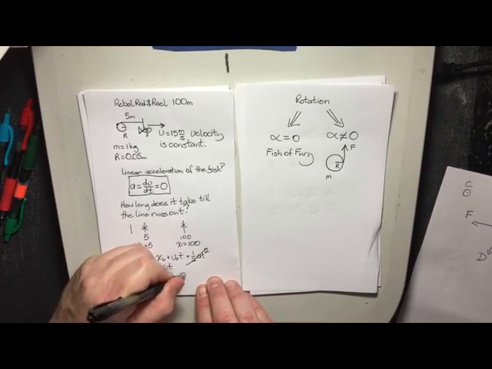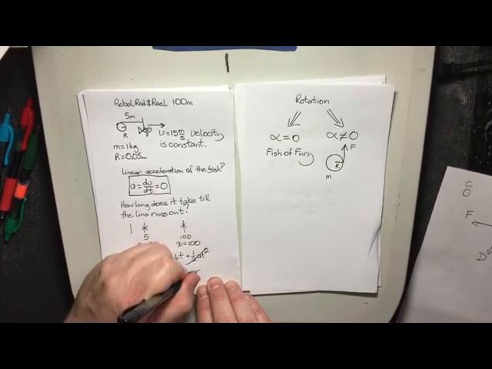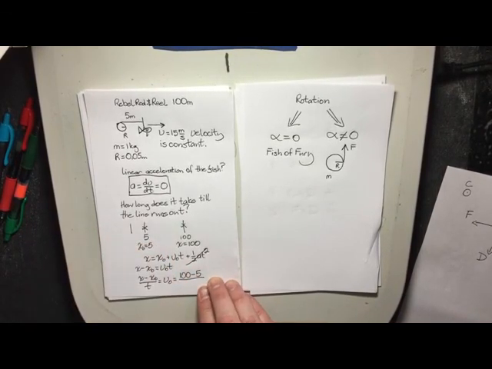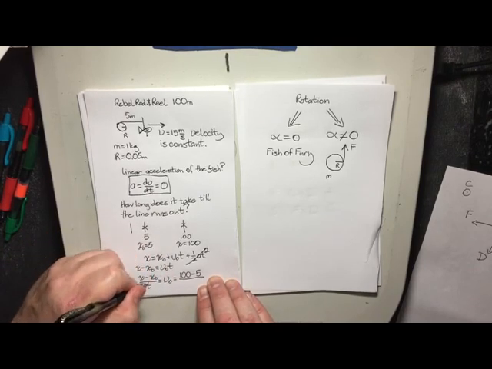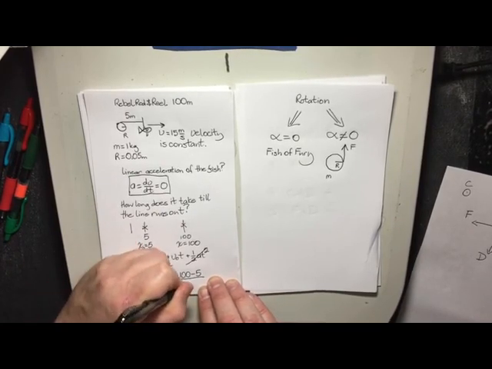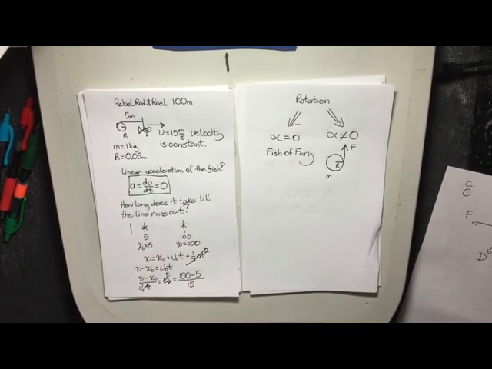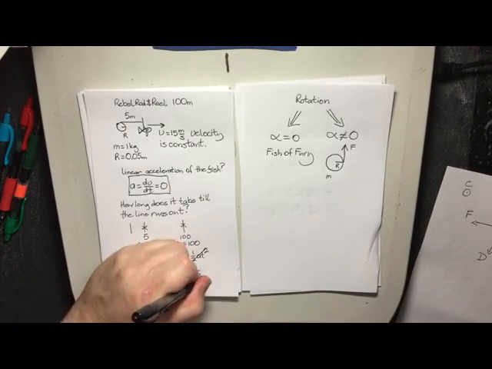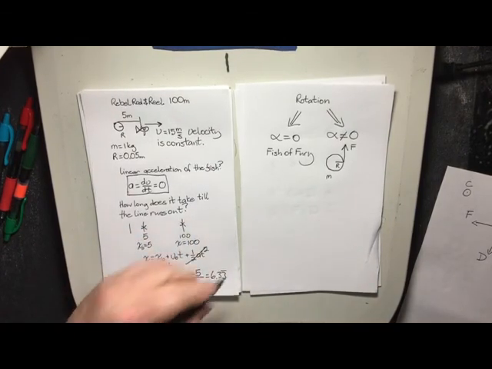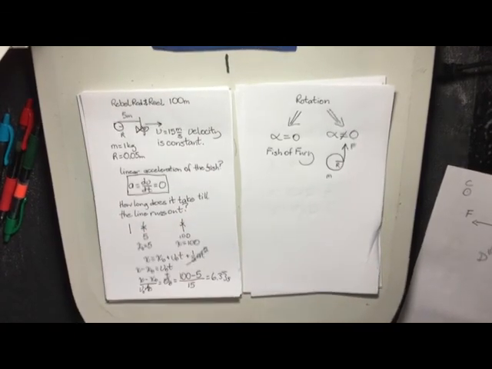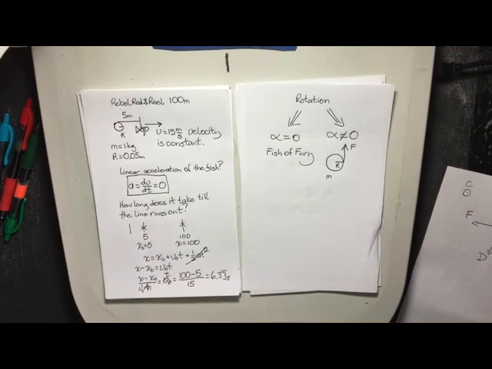X final 100, x initial 5, t is, oh no, I'm looking for t. So these are reversed, v naught and t, and that makes it 15. So what's 95 divided by 15? 6.3 repeating. So it takes 6.33 seconds for this thing to run out of line.